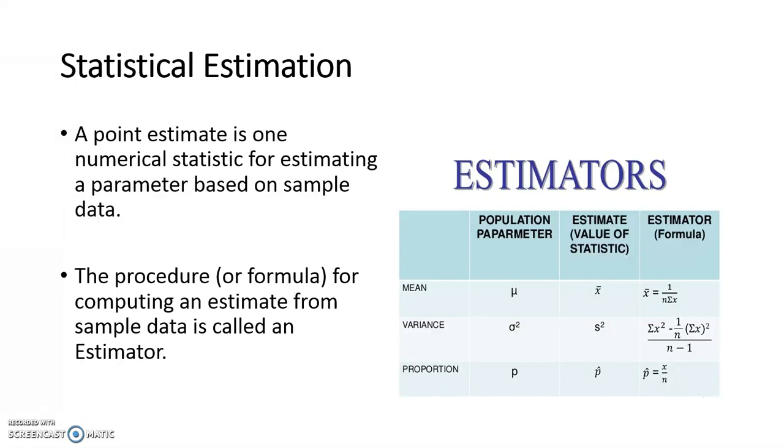It can be a procedure or a formula. Here on the right-hand side, you can see a few estimators. For example, the sample mean is an estimator of the population mean. The sample variance is an estimator of the population variance. The sample proportion is an estimator of the population proportion.